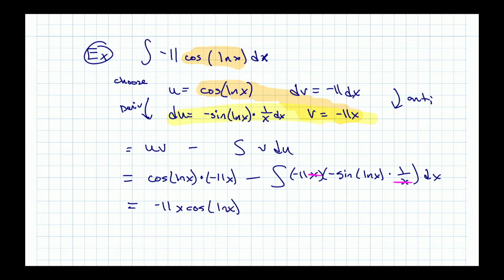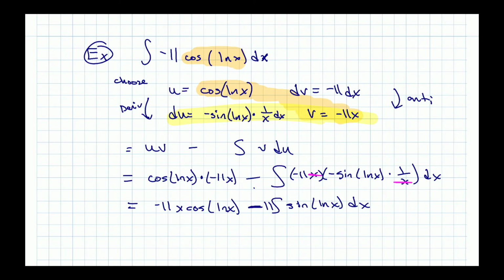We have a minus, that'll be a plus, integral of, what do we have? The 11, oh actually, no, right? There's a minus, so that's a minus. We canceled the x's, so we have 11, and then just sine ln x dx.